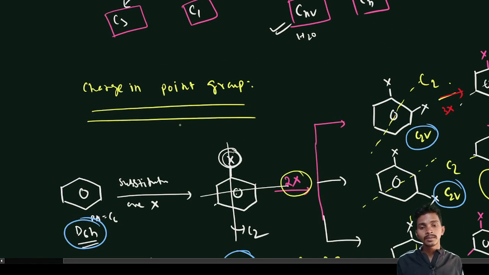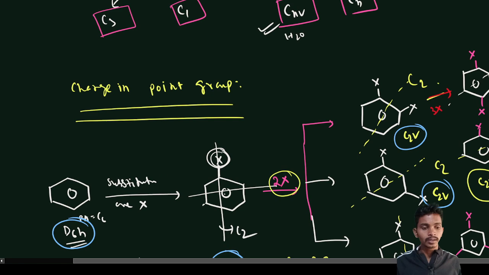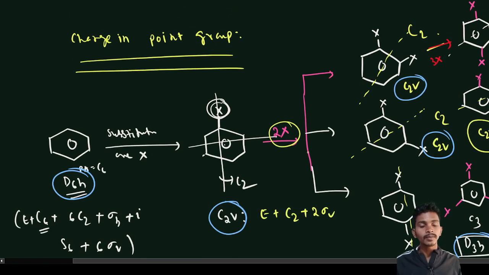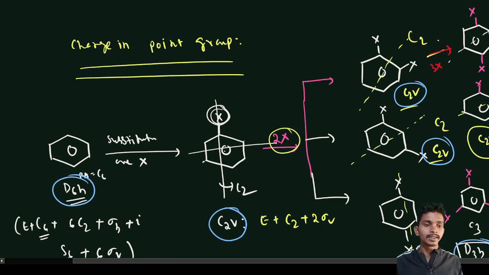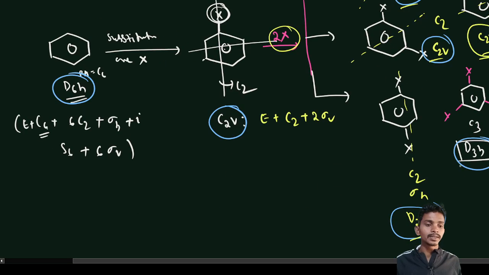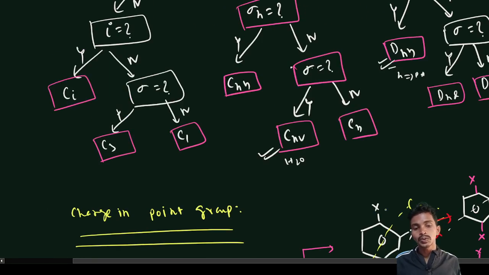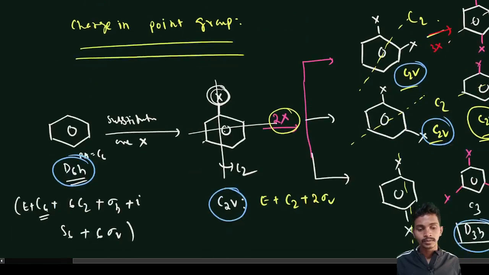So this is how the point groups change on substituting. From D6H, it becomes C2v after one replacement, and D2H after replacing another, then Cs, C2v, and another is D3H. So this is the change of point groups after substitution of atoms.